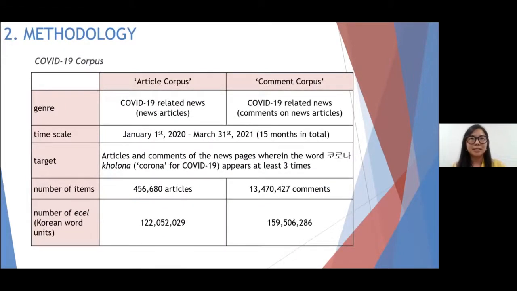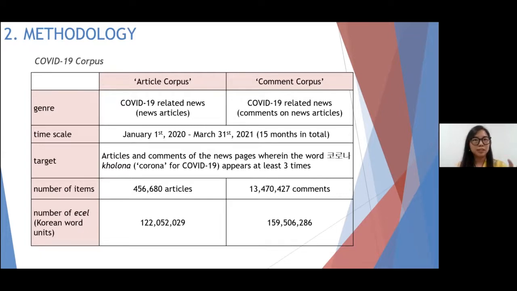To analyze the usage patterns of our neologisms, we built the COVID-19 corpus that is made of news articles and the related comments posted by users. This corpus is divided into two subcorpora, the article corpus and the comment corpus, which are compiled as monthly corpora from 1st January 2020 to 31st March 2021.